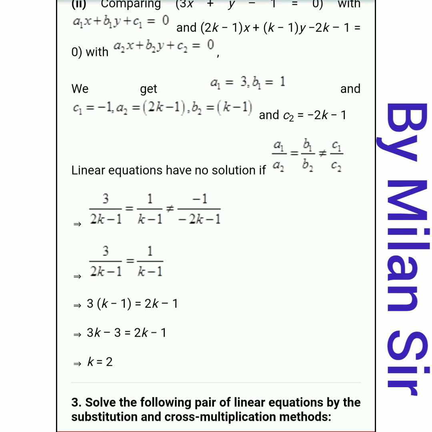Sometimes what happens in this type of question, that means in one condition we get k is equals to 3, but in second condition we get k is not equals to 3. Right? In this type of situation, value of k is not possible. Right? For any value of k, equation have other than no solution.